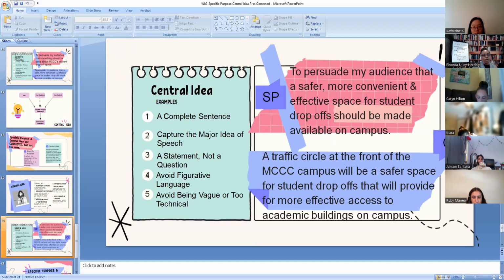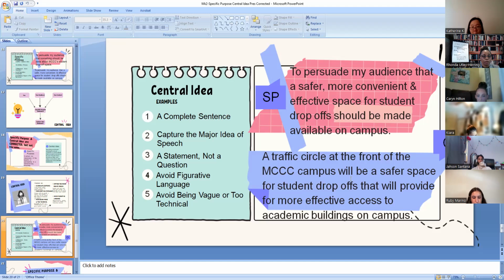Okay, so here's some examples. To persuade my audience that a safer, more convenient, and effective space for student drop-offs should be made available on campus. And that's a specific purpose.